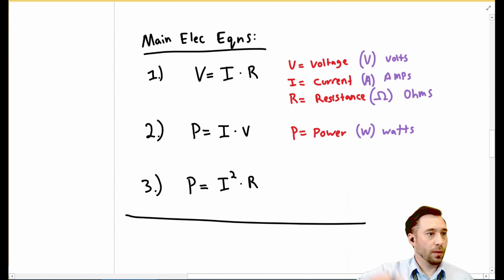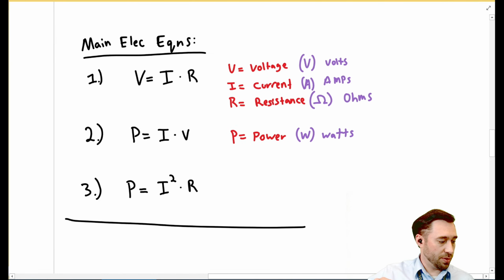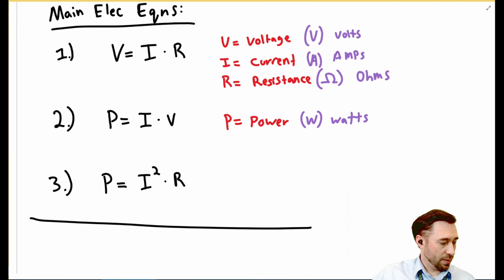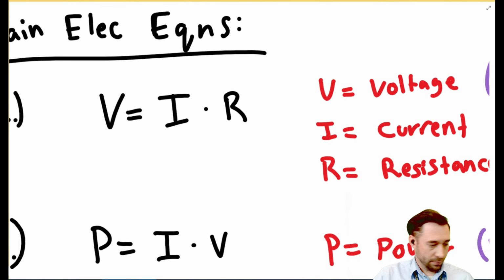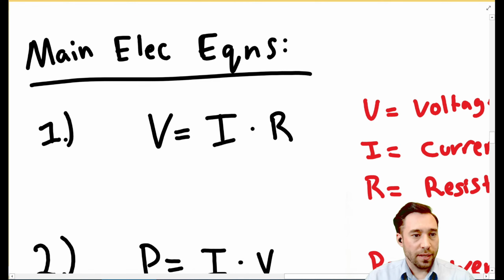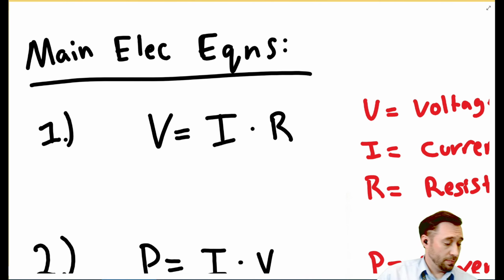These equations here are the ones that I would highly recommend that you write down. The very first one is going to be voltage is equal to current times resistance.